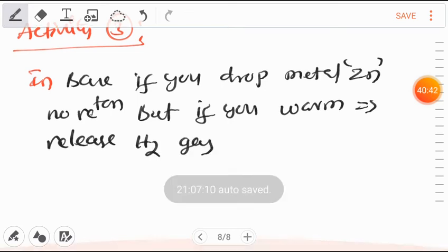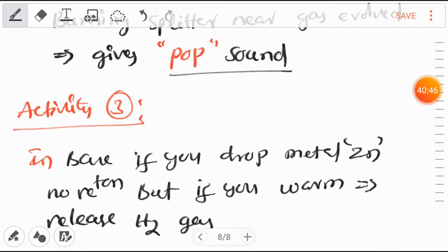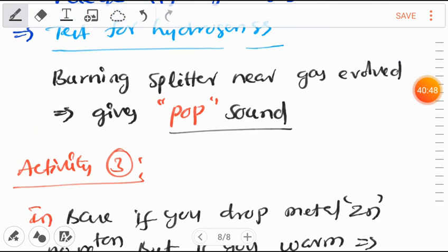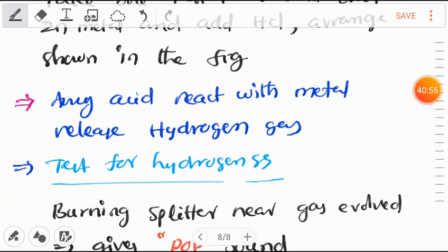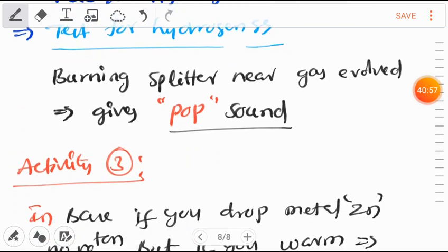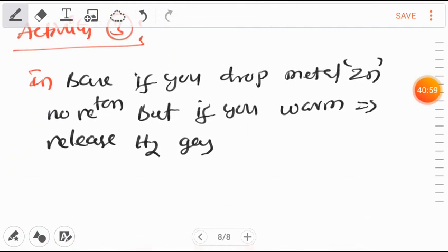That means we can say that in acids, if you drop zinc metal, it immediately releases hydrogen gas. But in base, if you drop metal, it won't immediately give H2 gas. If you warm it, then only it will give H2 gas.